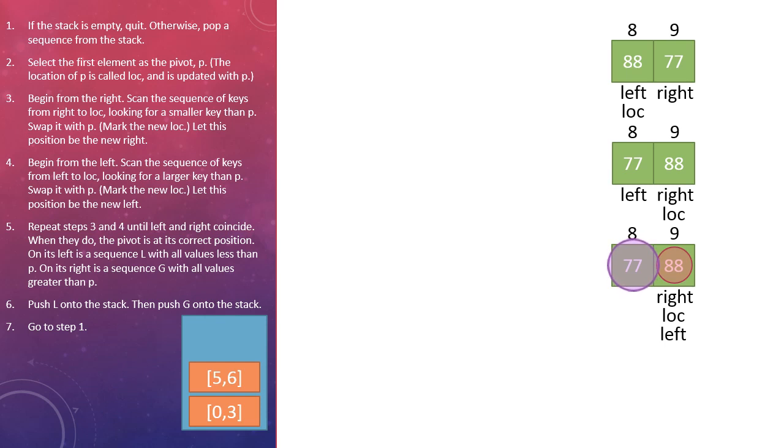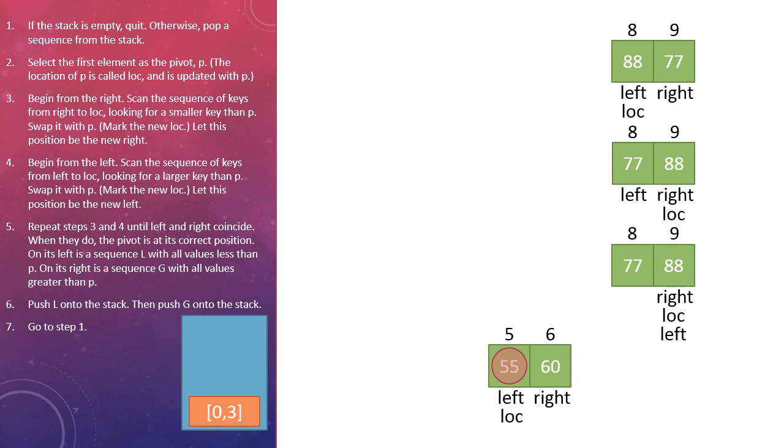This means that 77 is at its correct position. So this means that no subsequence is going to break off. What do we do now? Look at the stack. Is the stack empty? No. Pop a sequence from the stack.